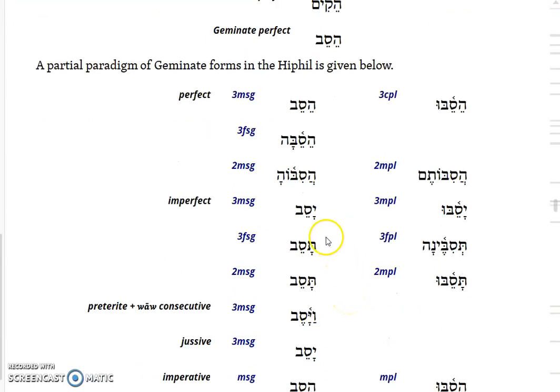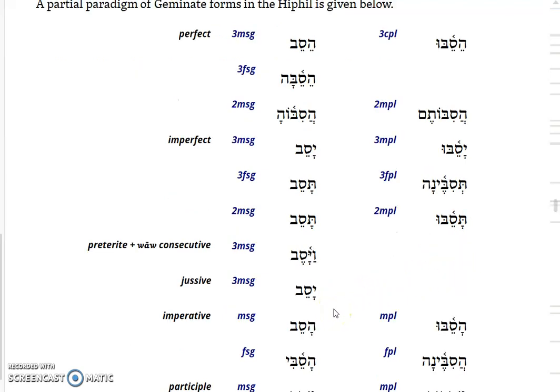The imperfect, like the middle weak, will have the preformative with the kamats under it in most forms, except those forms where the kamats reduces to shva when it becomes propretonic. And with the vav consecutive, it goes from a long E to a short E, and the accent recedes, vayashev. And then the jussive is yasev.